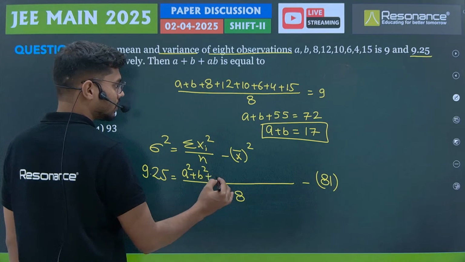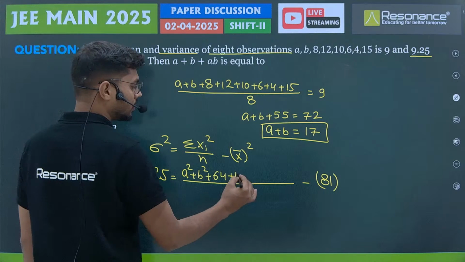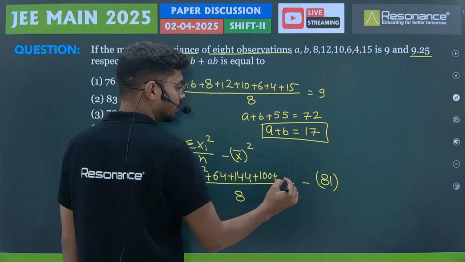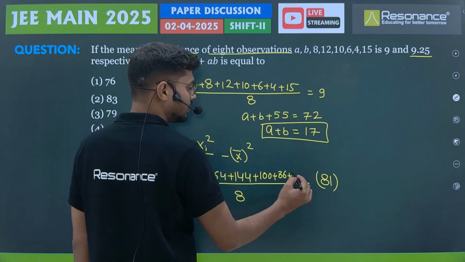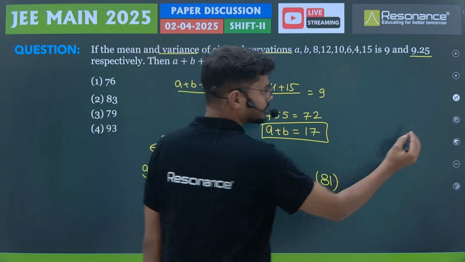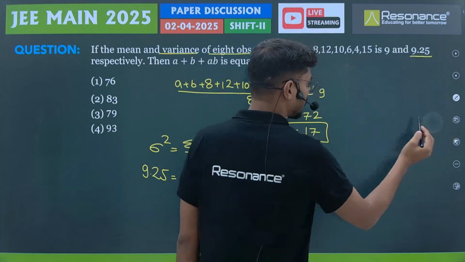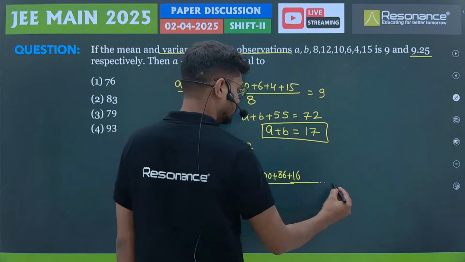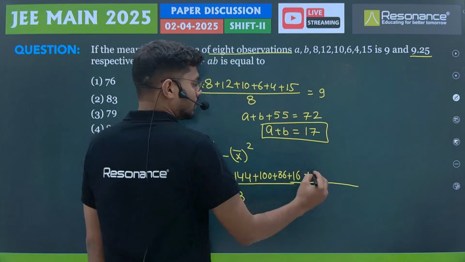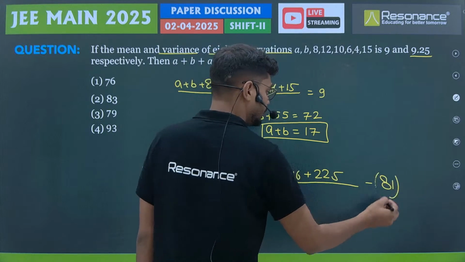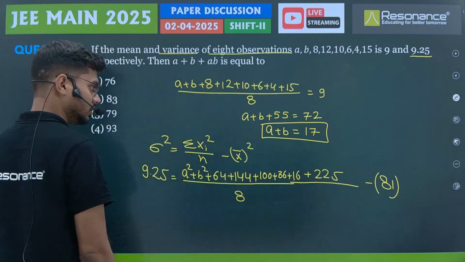So a square plus b square plus 64 plus 144 plus 100 plus 36 plus 16 plus 225, minus 81, right? So that 81 will come here.